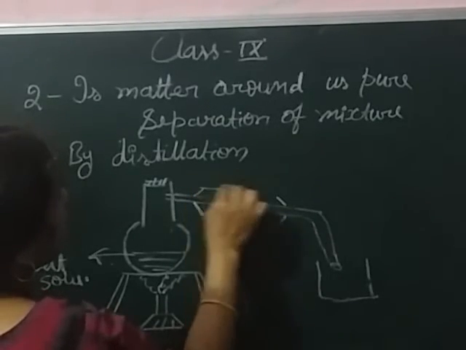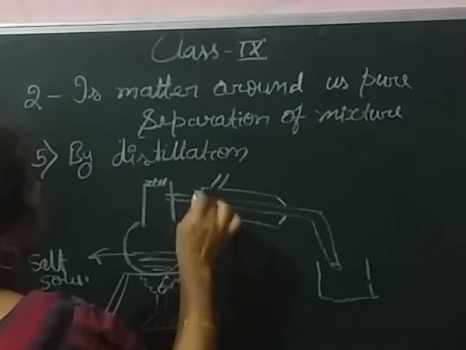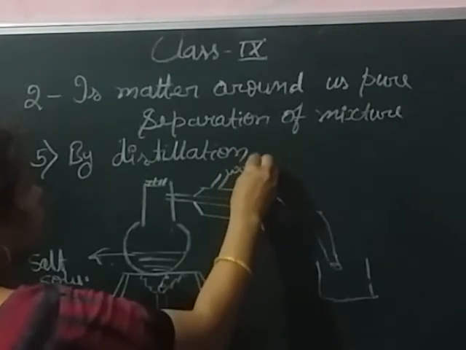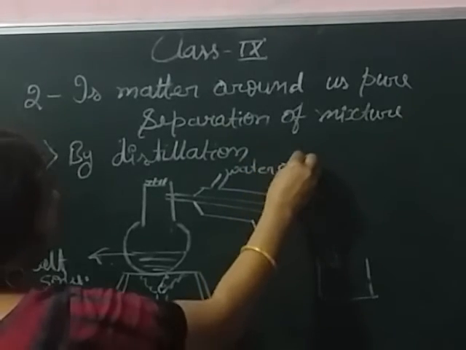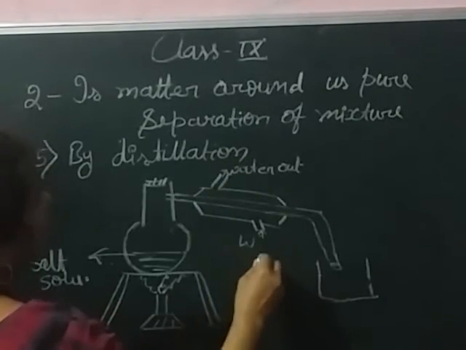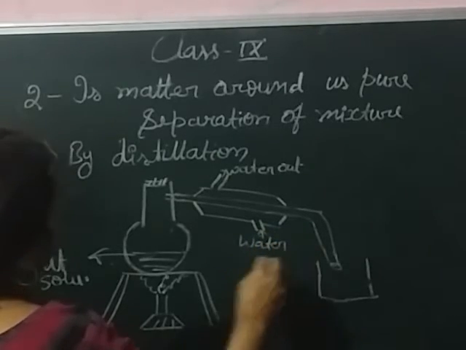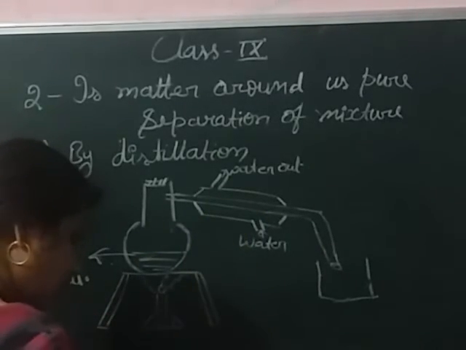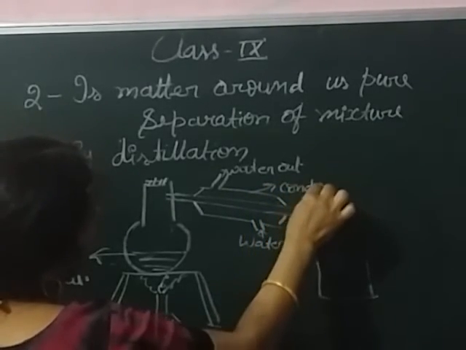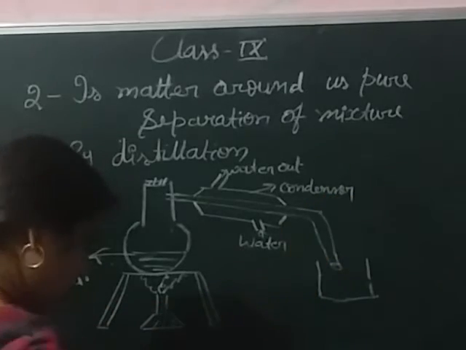Here is one pipeline, and this is the second tube. This is the water out, because it decreases the temperature, and this is the water in. This is the round bottom flask. This is the condenser.